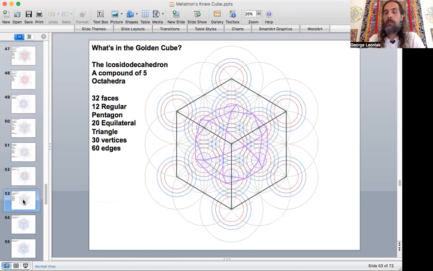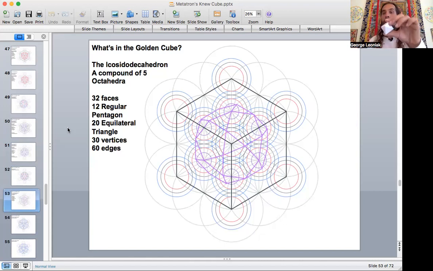One other form that I'd like to mention here is the Icosi Dodecahedron, because it's a compound of 5 octahedron. Remember, the octahedron is this one here that was inside the cube. And that form is the dual of this one, the rhombic tricontahedron, the previous one. And each of these vertices on this are touching the surface, the inner face, crisscross these lines on here. Right at the center is a vertice that this form, one vertice will be touching that point.